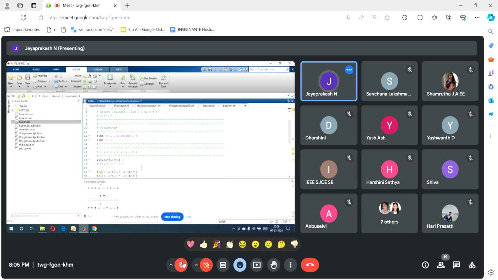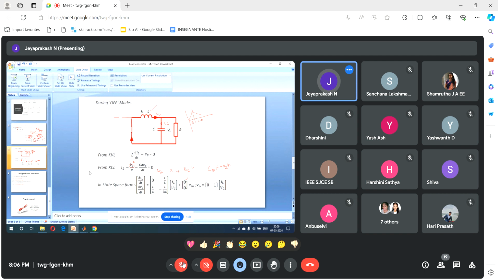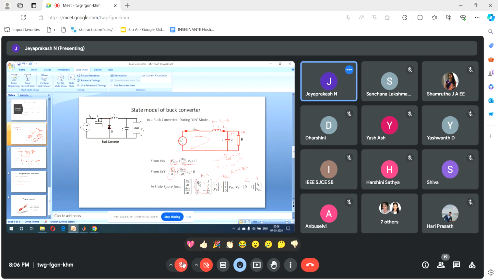From the previous explanation, we form the A1 matrix during the switch on period: 0, minus 1 by L, 1 by C, minus 1 by RC. The B1 matrix is 1 by L and 0. If you have any doubt, you can refer to this.